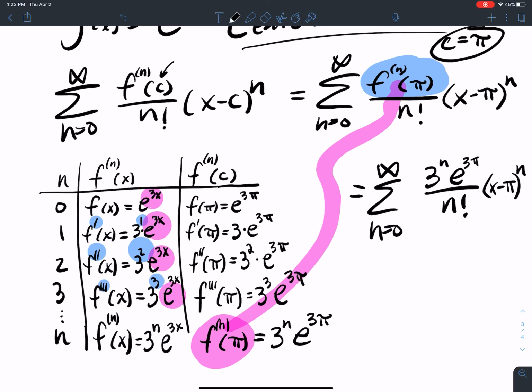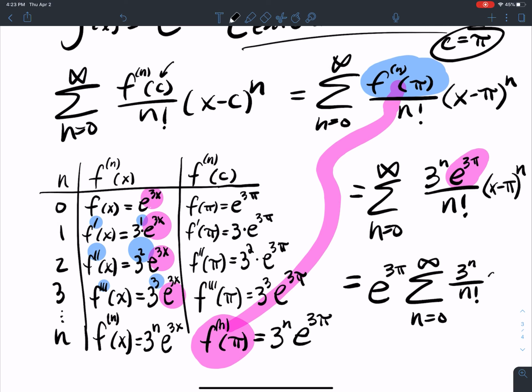When I look at this, I see it's a series in terms of n, but I've got this constant here, so I can pull the constant out to make it clean and nice: e to the 3 pi, times the series n equals 0 to infinity of 3 to the n over n factorial, times (x minus pi) raised to the n.